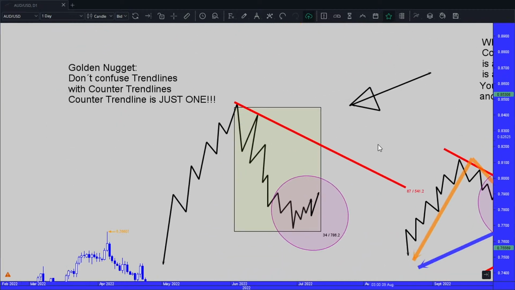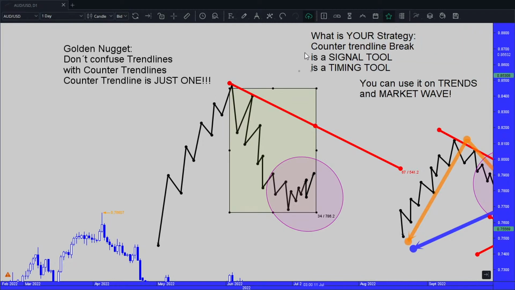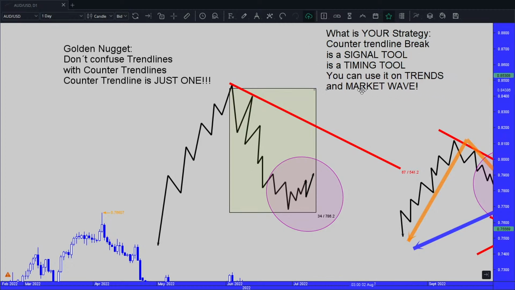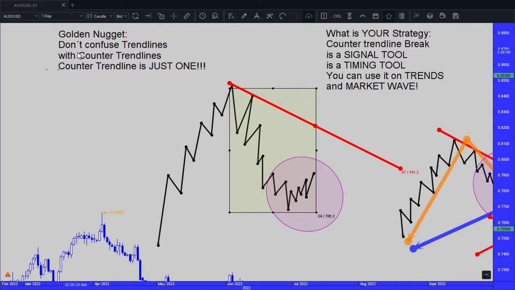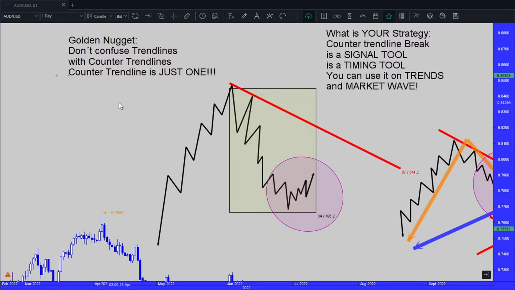So the same logic applies in here, right? Remember, trend line is a tool, and the counter trend line, talking about your strategy. What is your strategy? Counter trend line could be a tool as a signal, talking about timing. You can use it on trends and market waves. And golden nugget, don't confuse trend lines with counter. Counter trend line is just one. I don't want to hear it. Yes, but period, end of story.